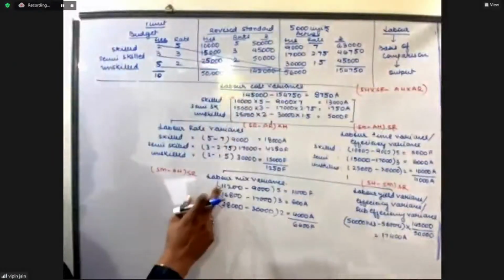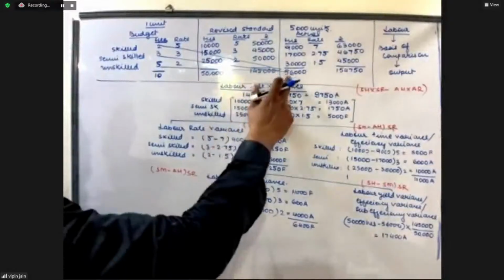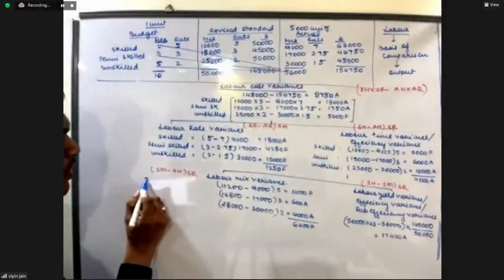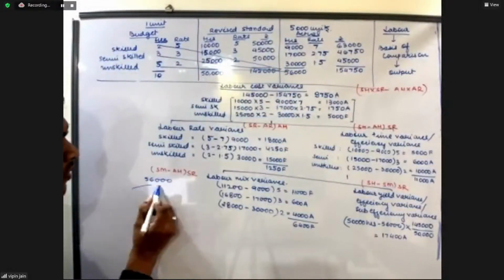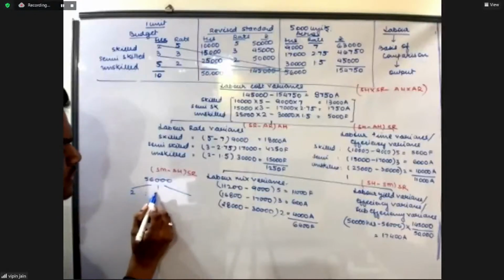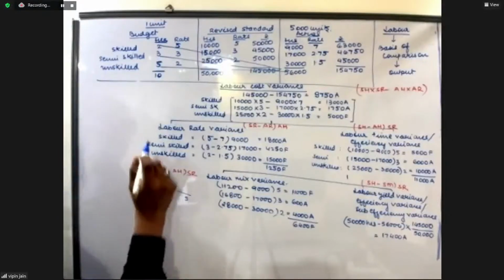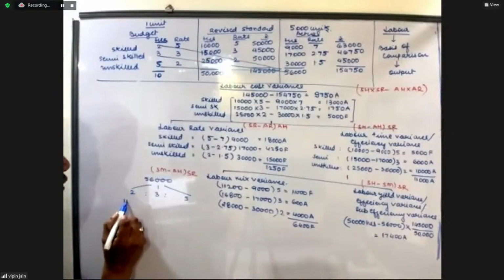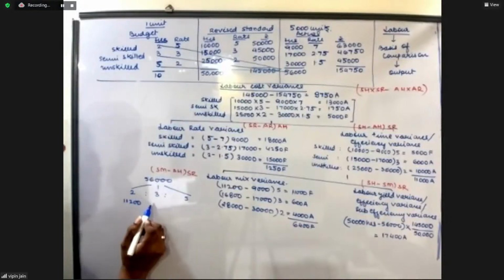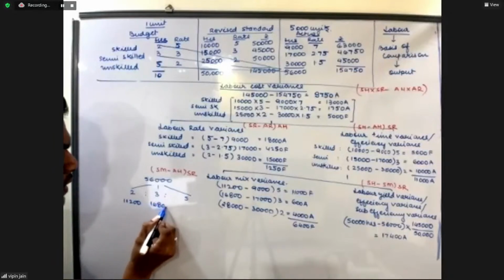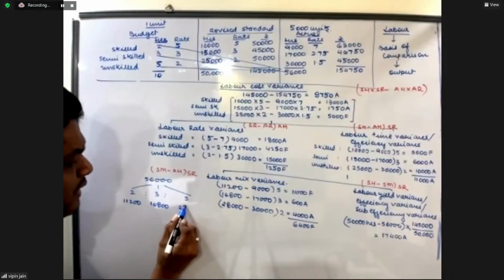As I told you guys, this is the standard mix. So 56,000 should be in the ratio of 2:3:5. So this will be 11,200. This will be 16,800. And this will be 28,000.